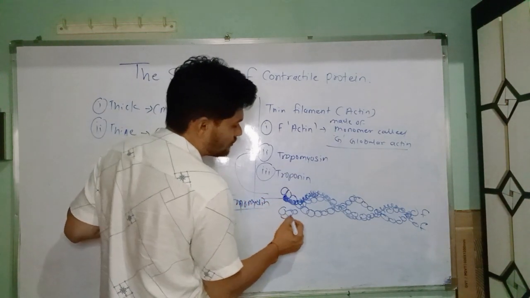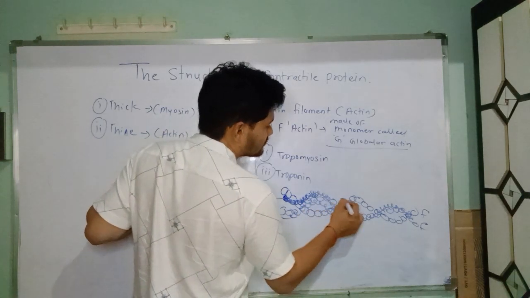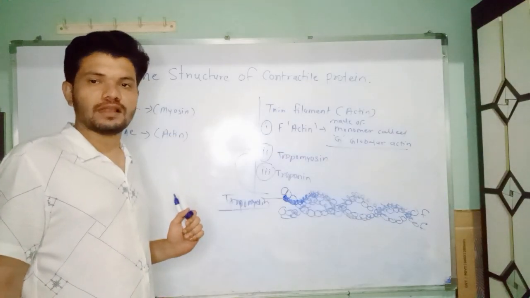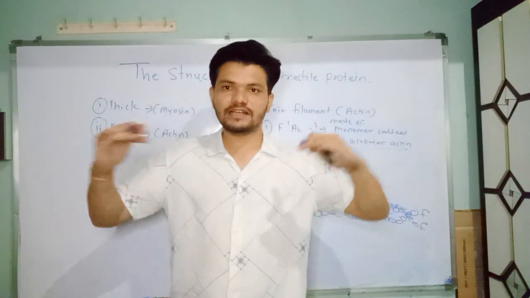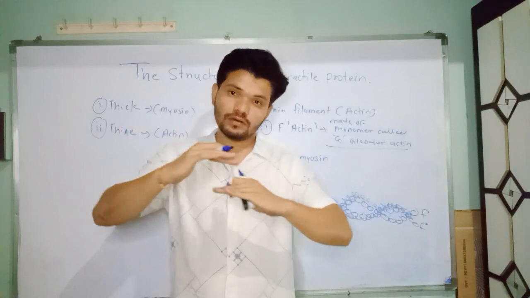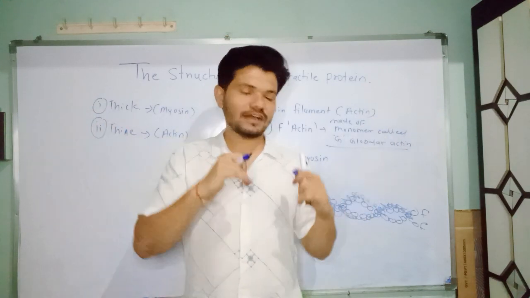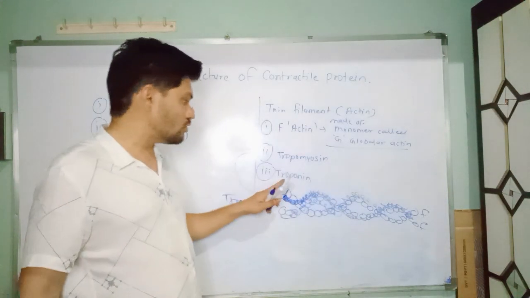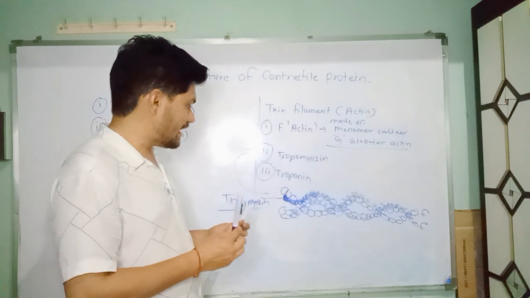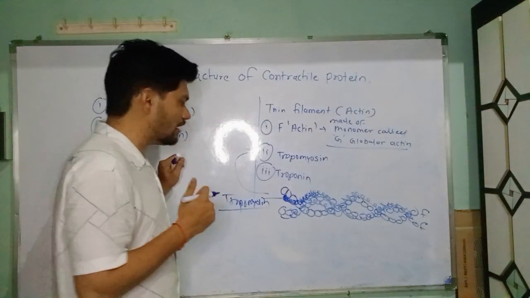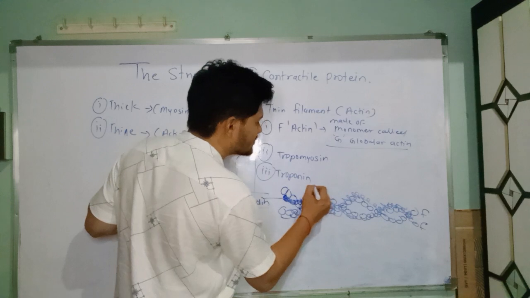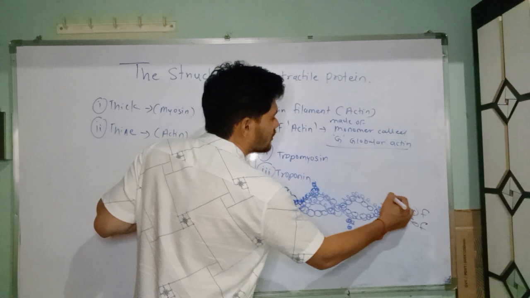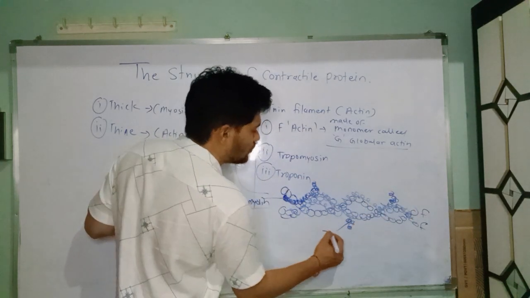Two chains of tropomyosin run along with the two chains of F actin. Then there is the third protein called troponin. Troponin is like covering the tropomyosin at some distance, like this. This is troponin.